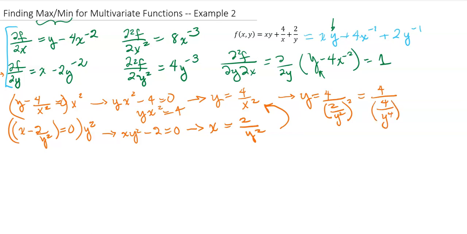Now I take this fraction that's in the denominator and flip it. So this gives me 4 over 1 times y to the 4th over 4. And that's equal to y. So my result is that y is equal to y to the 4th, because the 4's cancel.